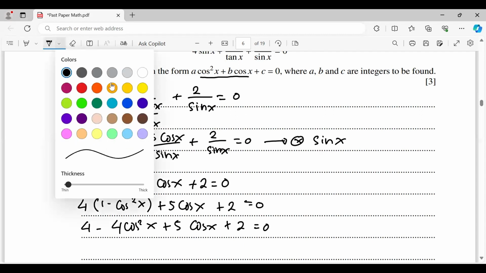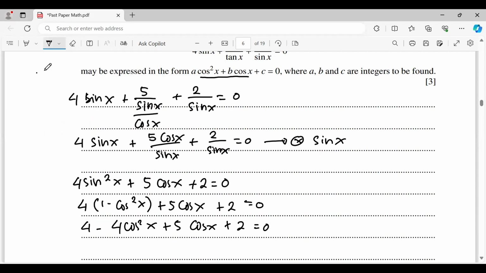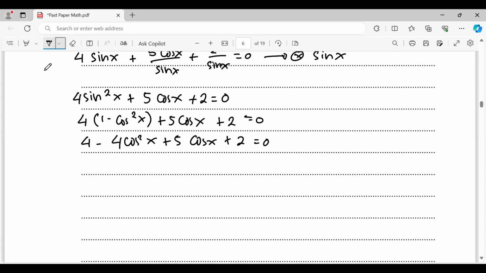So it's going to be minus 4 cosine squared x plus 5 cosine x plus 6 equals 0.